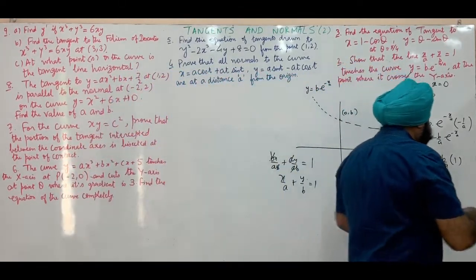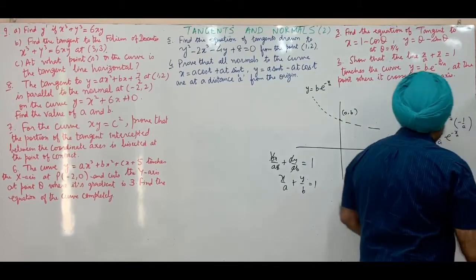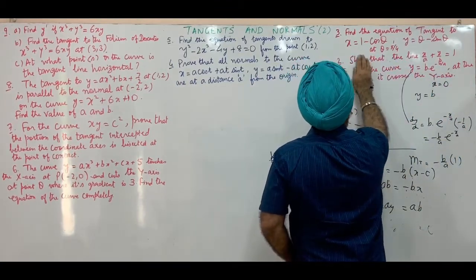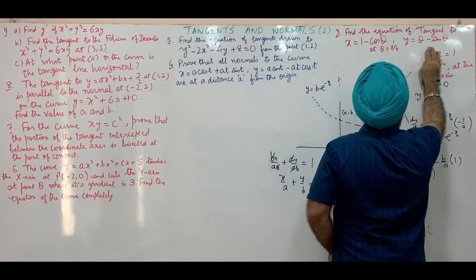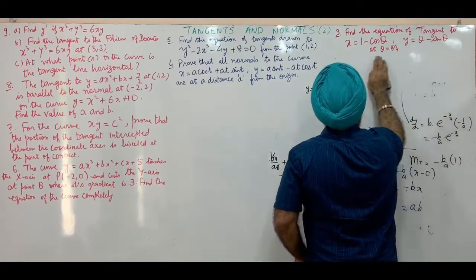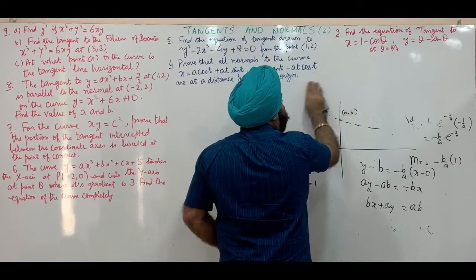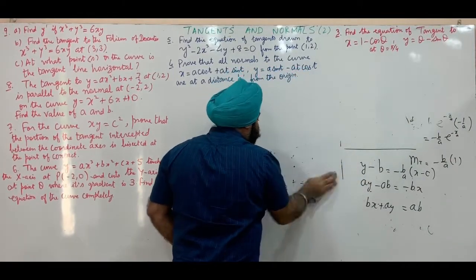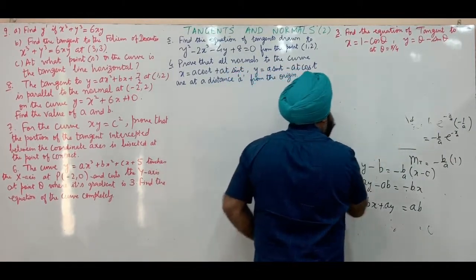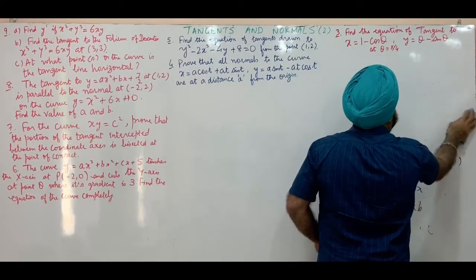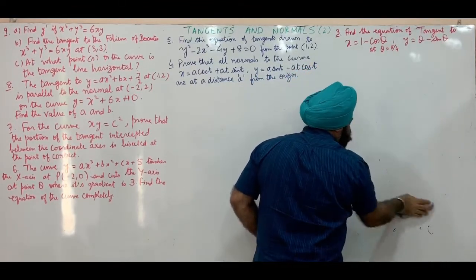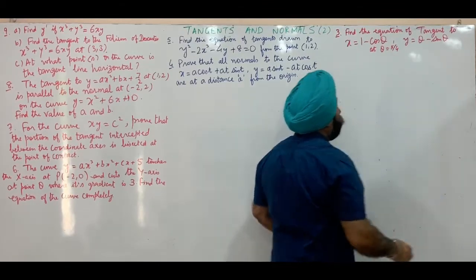The next one, we are given the equation of curve in parametric form. X is equal to 1 minus cos theta, y is equal to theta minus sin theta. The value of parameter is also given, theta is pi by 4. We have to write the equation of tangent to this curve at theta is equal to pi by 4.